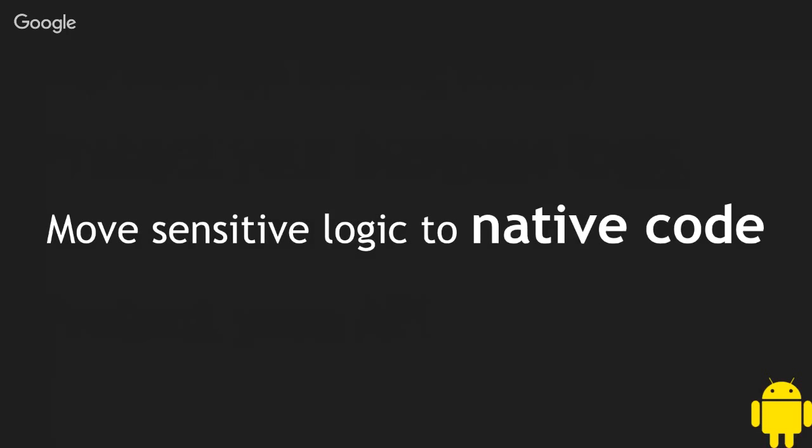First of all, you can move sensitive logic to native code, but it's more like security by obscurity. You're just transferring the code from Java into C, C++, whatever, and hoping that people will be too lazy to decompile the native code.